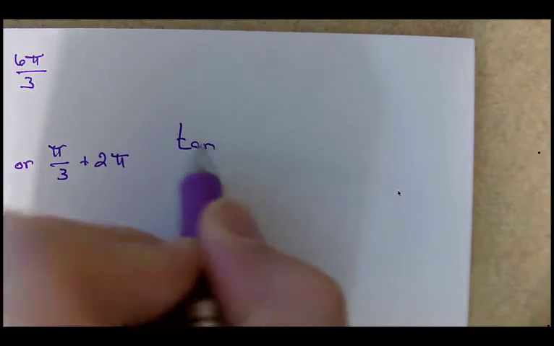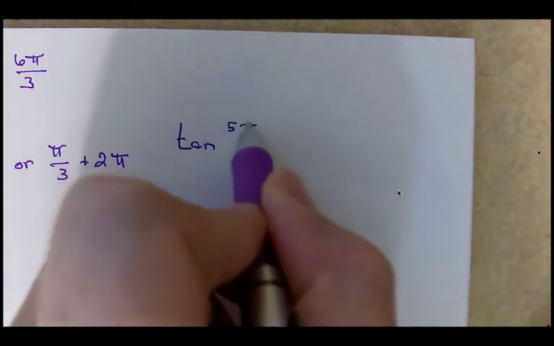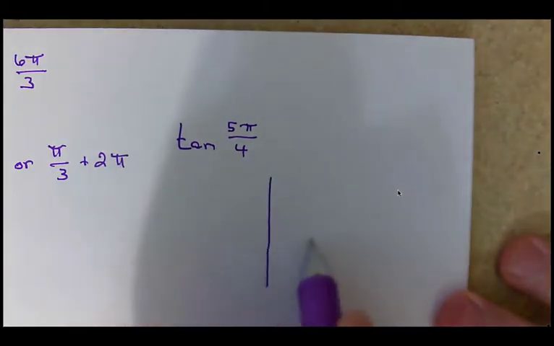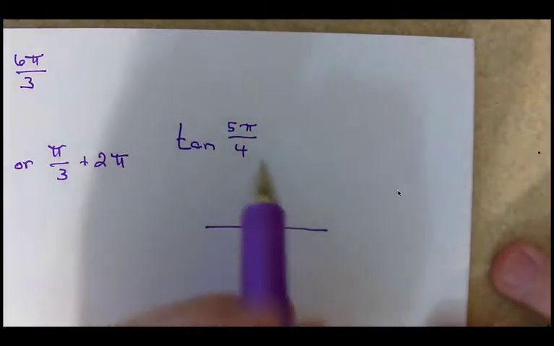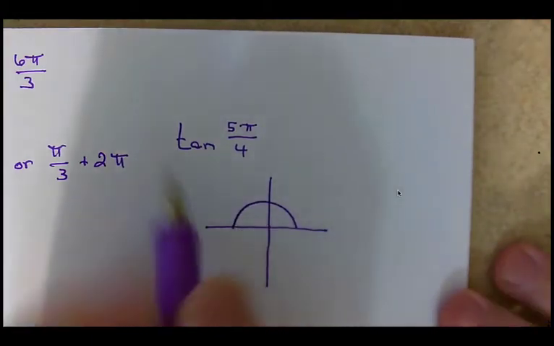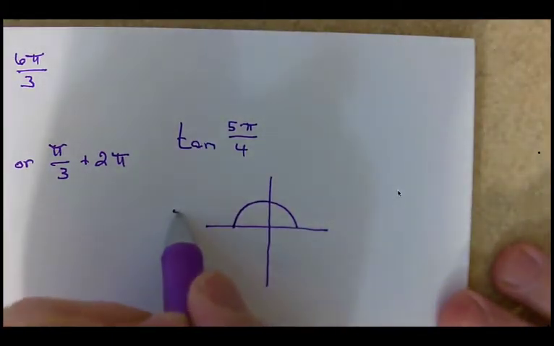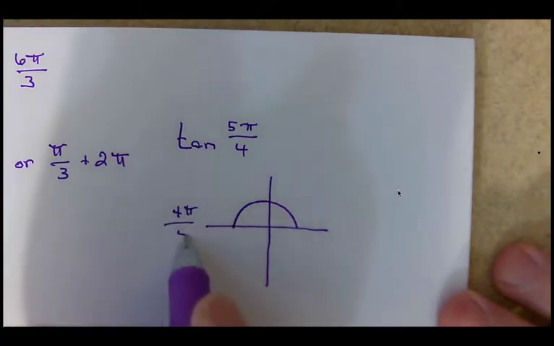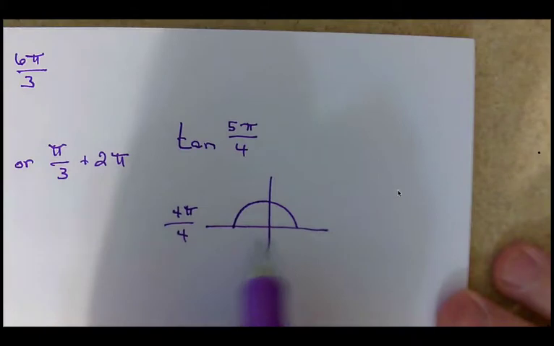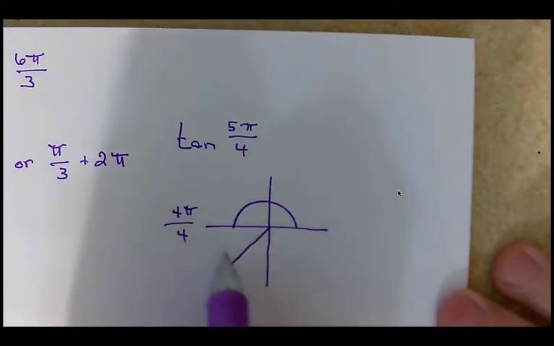We have a tangent of 5 pi over 4. Again, draw my crosshairs. We know if I go this way, I'm at 4 pi over 4. And I'm left with a pi over 4, which is 45 degrees.